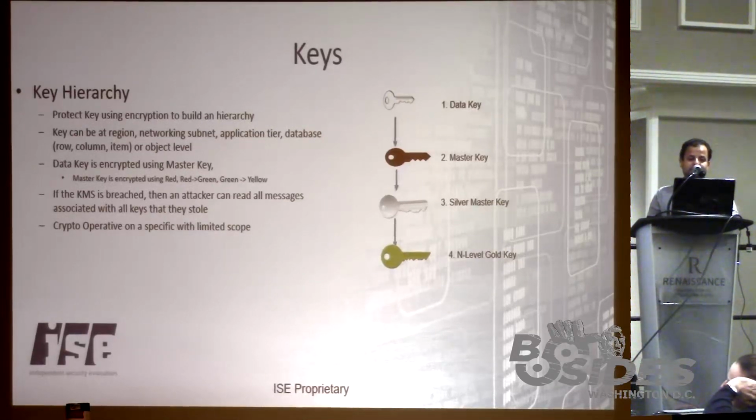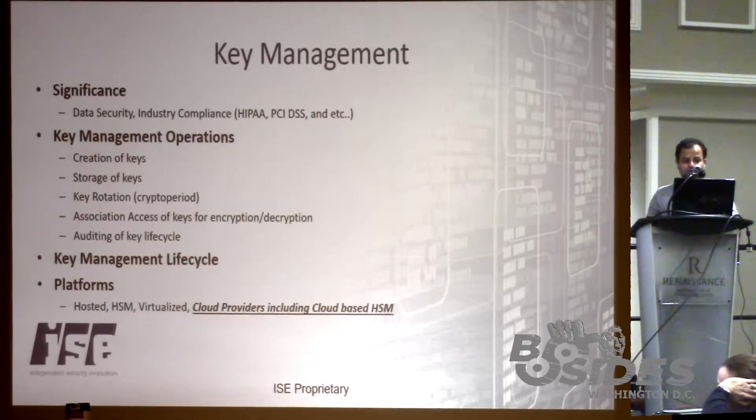So you can have an item with a data key, columns with a master key, rows with a silver key, and the whole database with an N gold key. All these concepts of key hierarchy, envelope encryption, and different encryption algorithm concepts are possible because you have a centralized key management solution, or you have developed one.